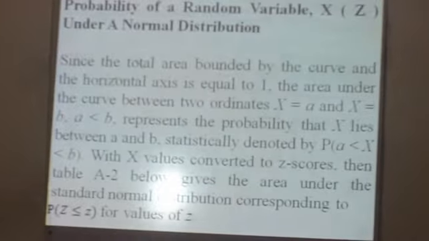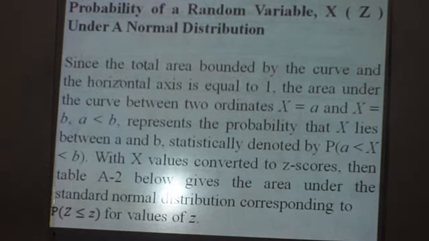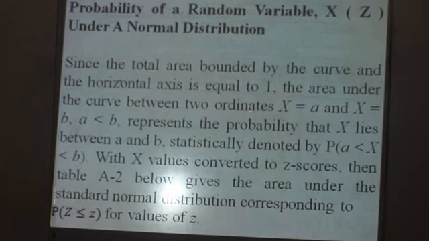The area under the curve between two ordinates, that's when x is equal to a and when x is equal to b, where a is less than b, represents the probability that x lies between a and b, statistically denoted by p of a less than x and x less than b.